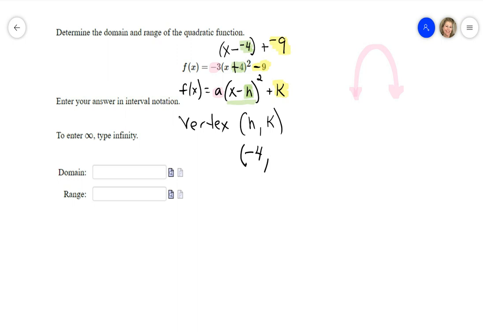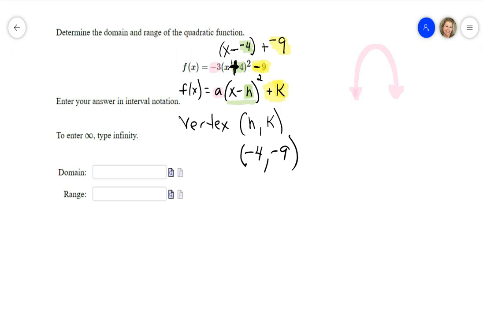K is a lot easier. If you see a -9 right here, it's a -9. If you see a +9, it'd be a +9. The h is the tricky one because the h is behind a minus sign. So if you have a plus sign right here, you have to realize that it was really minus a minus, and your h is technically a negative.